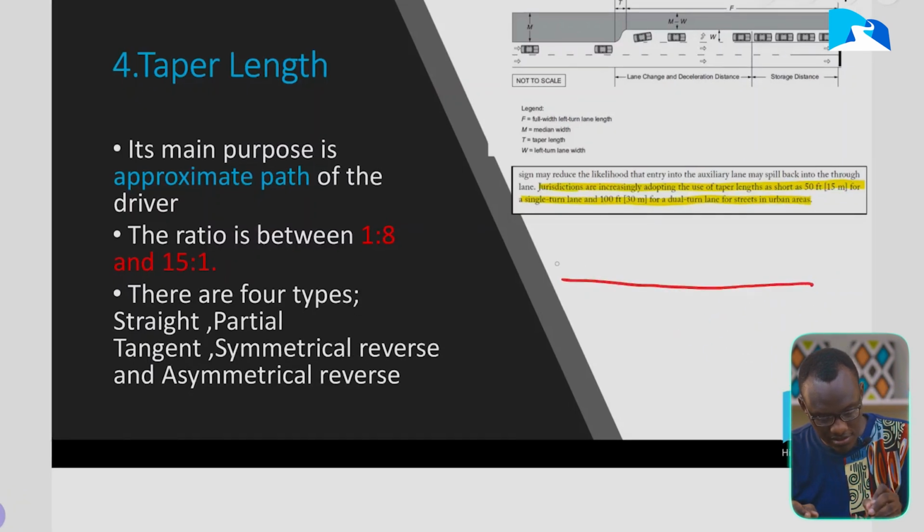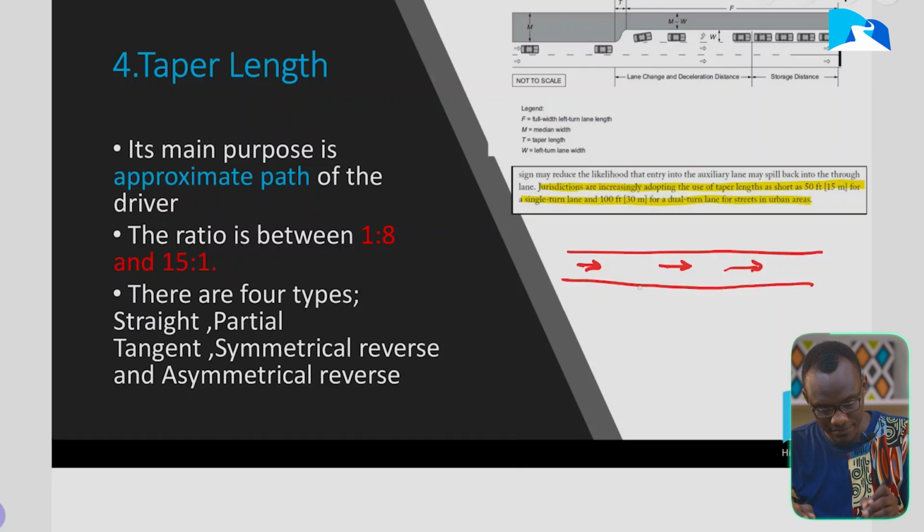Let's say this is how traffic is moving in this lane, and then we have this taper. This taper ratio is what we are talking about. It's the change in the two distances.